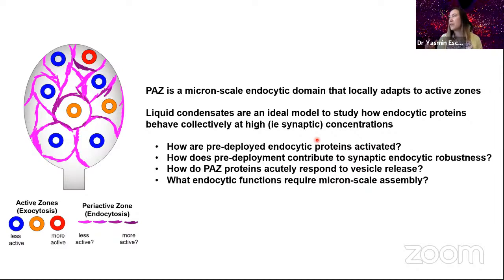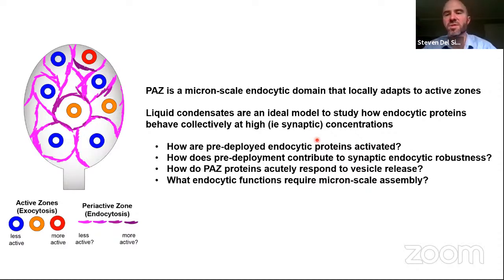Because what I'm really curious about is, you're getting at these questions with your phase separation methods, but I was wondering whether any of these processes are activity regulated, and if you could see it in that system, and just how important is the periactive zone endocytosis to get the rate of release that you normally see in synapses, or whether, for example, diseases could be related to problems in the endocytotic side.